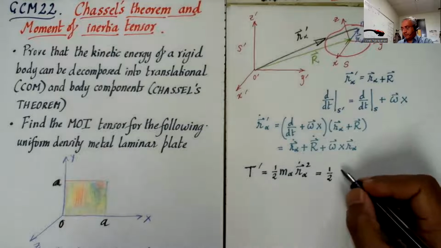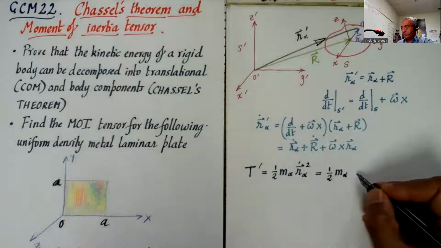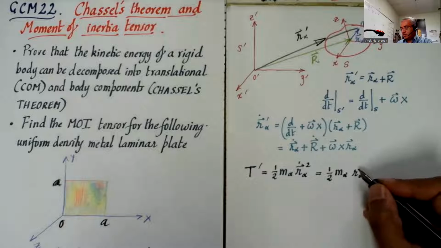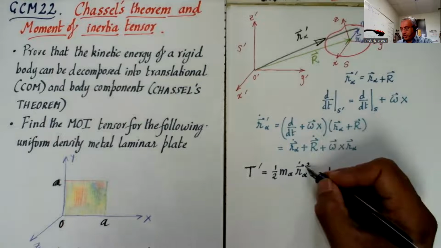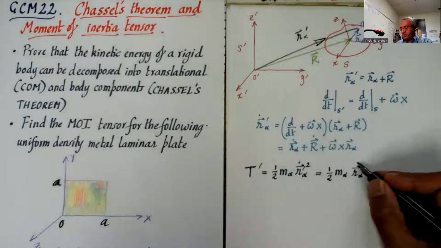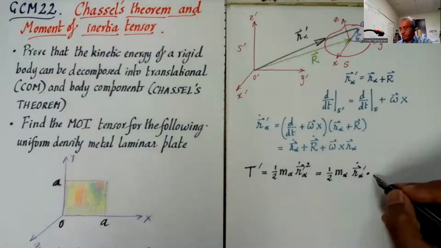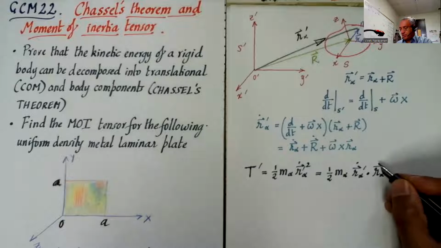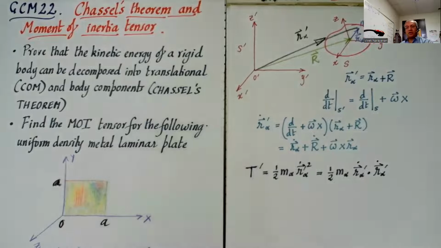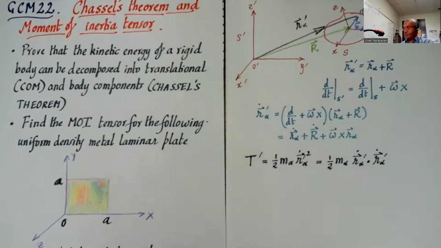So I have 1/2 m alpha r alpha prime dot, dotted with r alpha prime dot. Now, just to avoid writing r dot, let me use velocity.